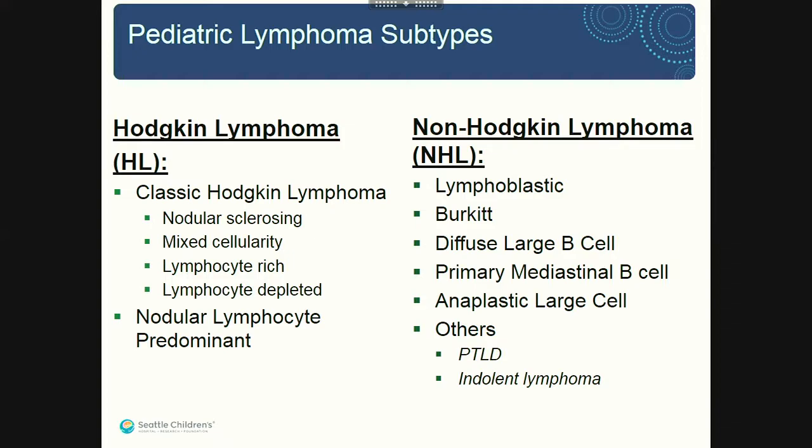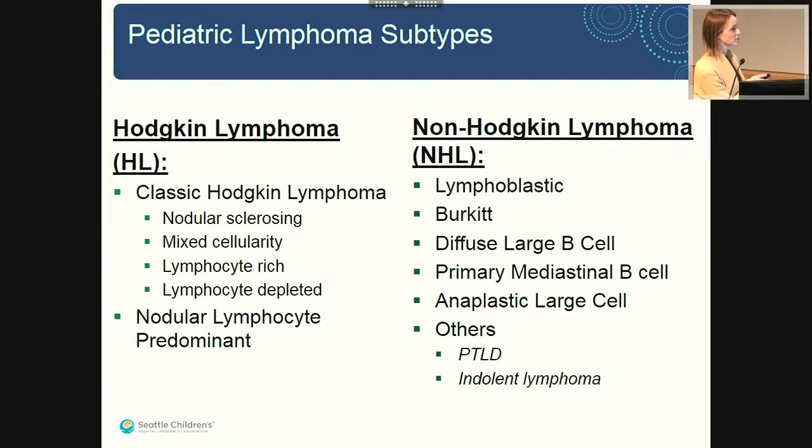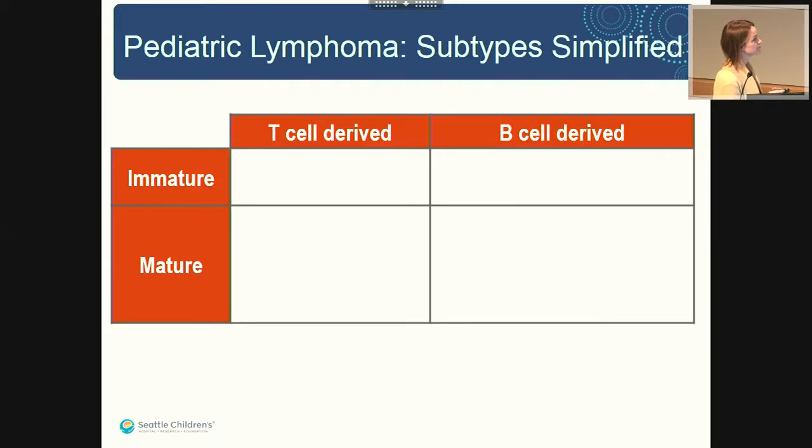And then of the non-Hodgkin's lymphoma, you've got a number of different subtypes, and they're all treated fairly differently. And then you have your more indolent lymphomas. These are a lot more common in adults. We rarely treat indolent lymphomas. And then things like PTLD, or post-transplant lymphoproliferative disorder, that's also classified under non-Hodgkin's lymphoma. So we'll talk about what each of these are.